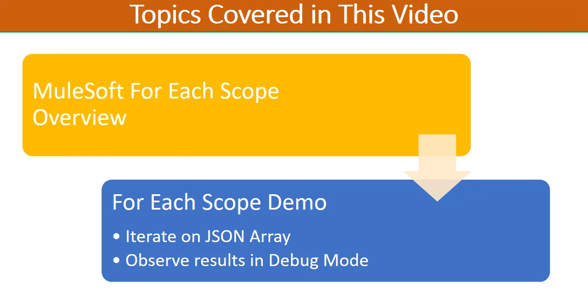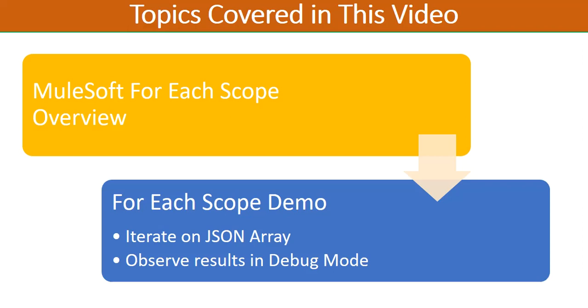For example, you can have a payload which contains multiple elements in the form of an array, or you can have any other type of collection, including maps, hash maps, or whatever type of collection you are using. And you want to iterate one by one on each element from within that collection. For this type of scenario, you have to use the for each scope.